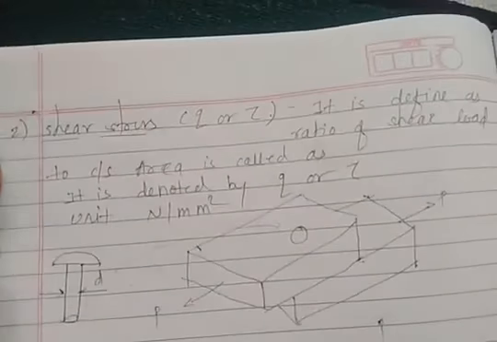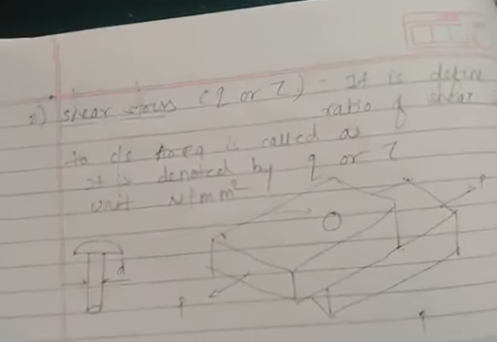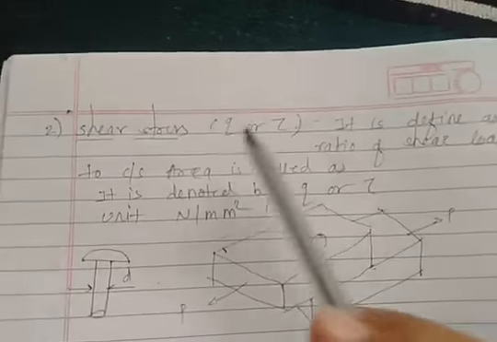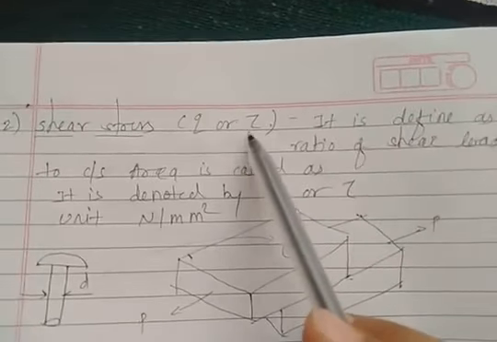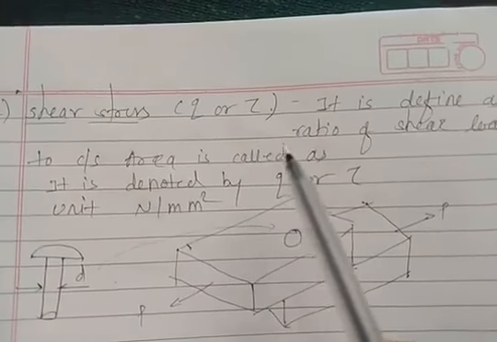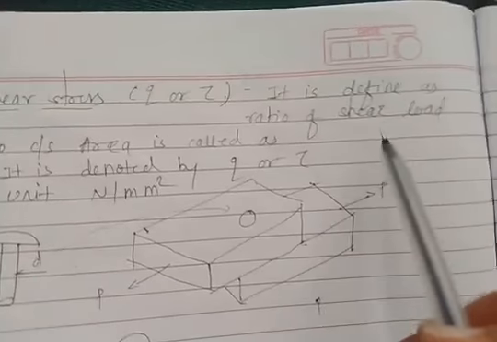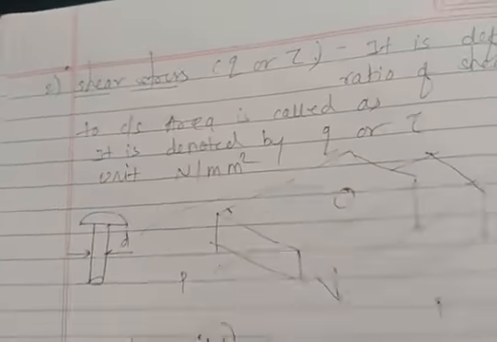Then the next type of stress is the shear stress. The shear stress is denoted by the letter q, small q, or tau. It is defined as shear load to the cross-sectional area. I am considering one example.